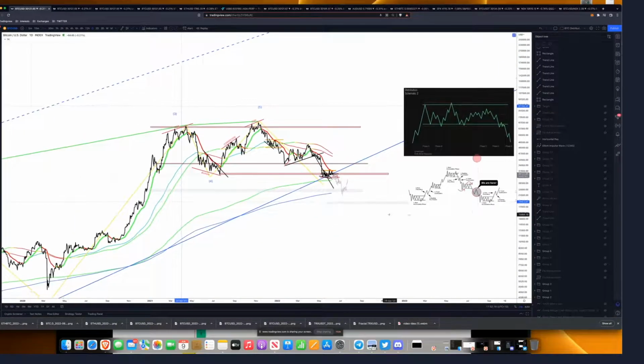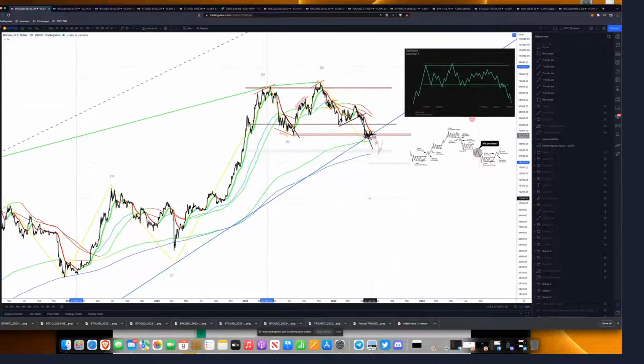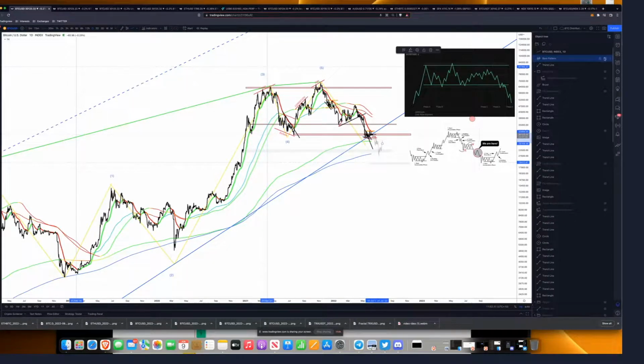So what this line chart does is it ignores the wicks. Actually, I would like to hide that as well. I'll get back to that. So I'm going to put it back to the candlesticks.